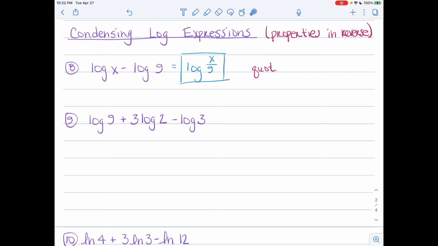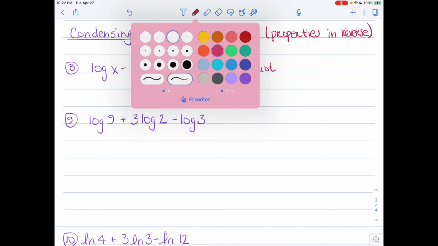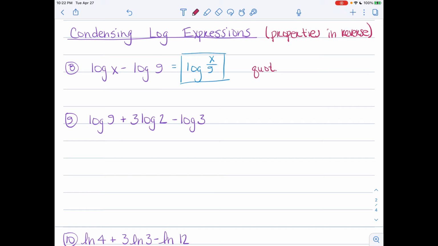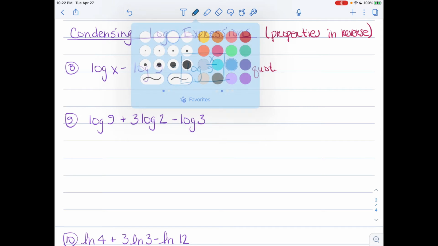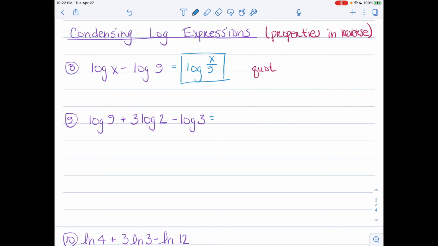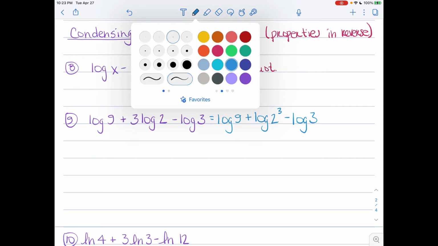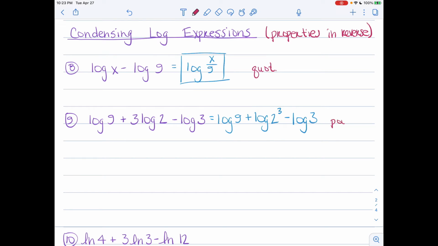So I'd be using my power property in reverse. So let's rewrite this one, and I'll deal with the log 9 in a minute, as plus log 2 raised to the third power and then minus log 3. And again, this is using my power property.